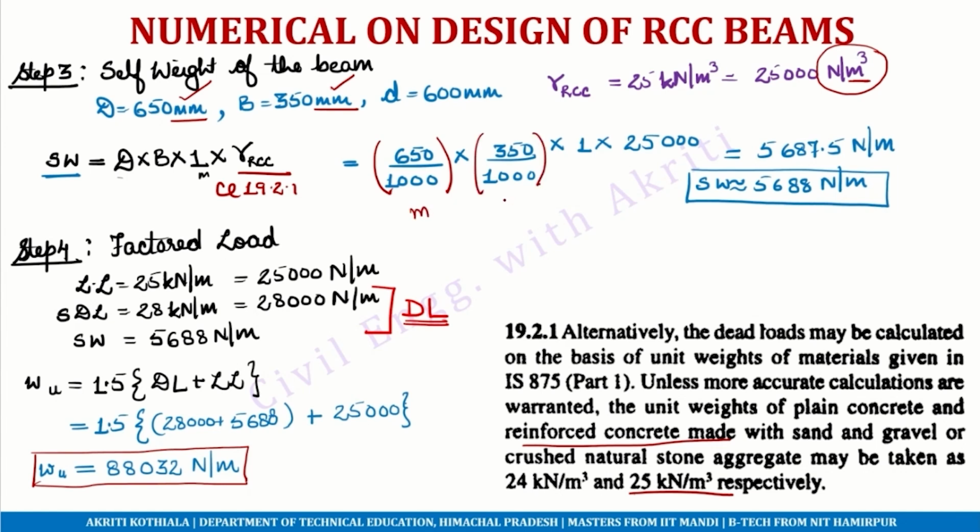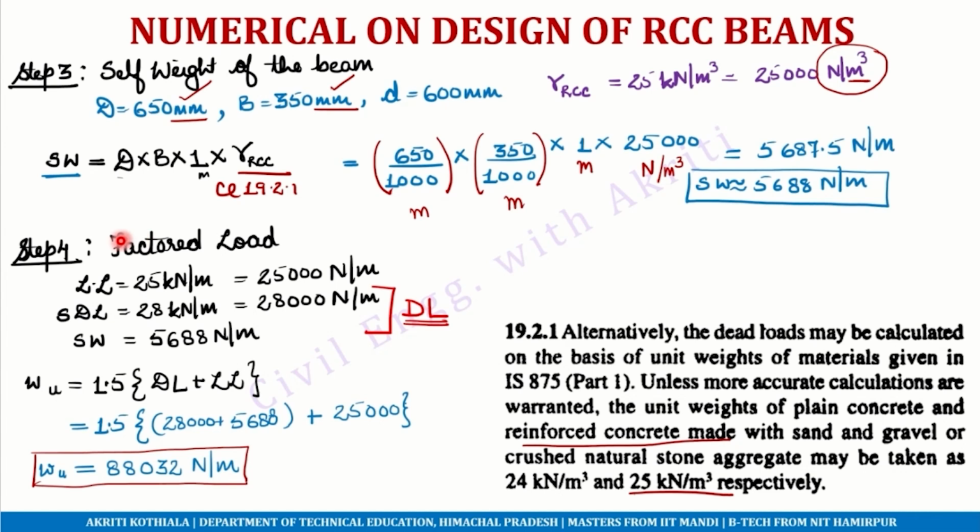Similarly, 350 by 1000 because this is meters. We have assumed the length of the beam to be equal to 1 meter, and the unit weight is in newton per meter cube. So now all the values are in meters, and this calculates to be equal to 5687.5 newton per meter. So this is the self weight of the beam which we have just assumed according to its dimensions.